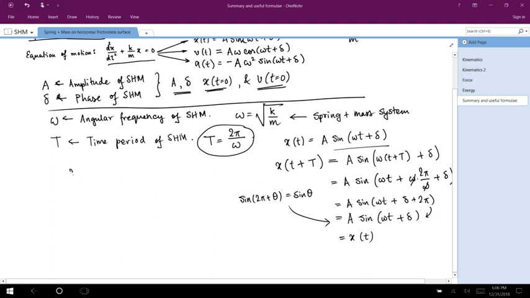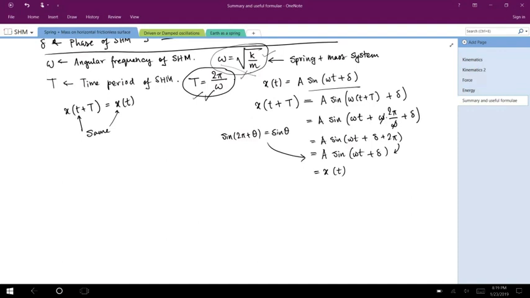So this tells you that x(t + T) is equal to x(t), meaning no matter what time you started with, after the period of this SHM elapsed, you will get back the same position. So that means that the motion is periodic, and the periodicity or the time period of that motion is simply T equals 2π over ω.